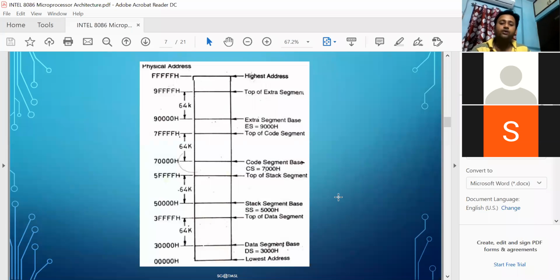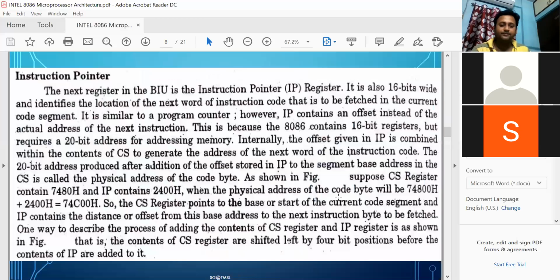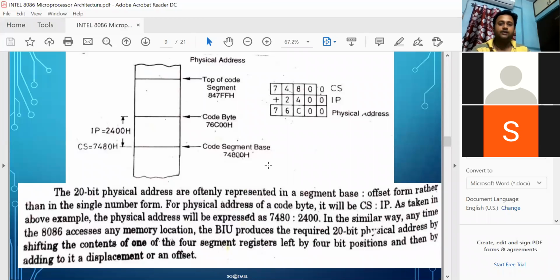Okay, how can you calculate the physical address? Suppose my code segment address is given as 7480, and my offset address is given as 2400. Then using the formula, code segment into 10 plus offset is equivalent to the actual address, which is called the physical address.